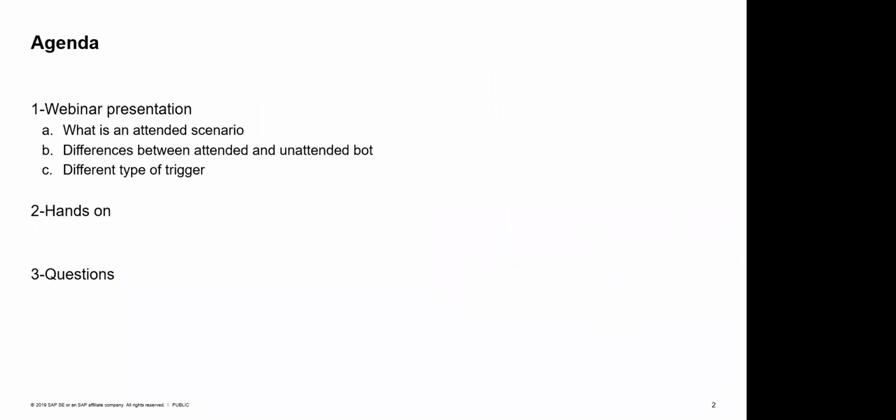First, the webinar presentation: a question about what an attended scenario is, then the differences between attended and unattended bots, and the different types of trigger. After that, we go to the hands-on, where we'll see how to implement those different types of trigger. And finally, we will go to the question part, when we can ask any question about this topic.